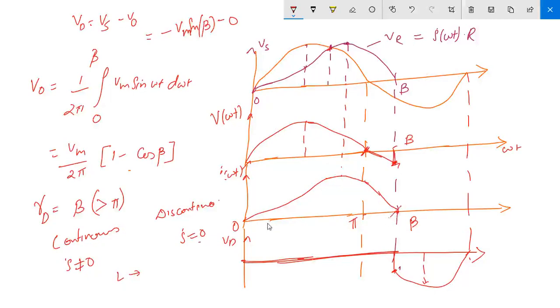If the inductor is quite large, meaning the energy stored in the inductor is quite large, you will get a waveform like this. If it is even larger, it will never touch the zero cycle.